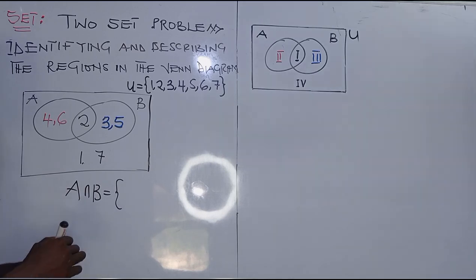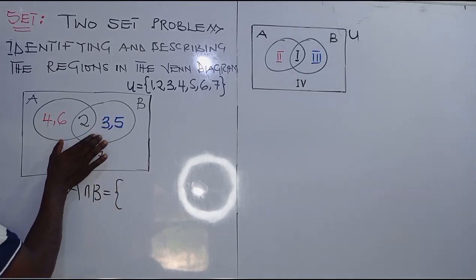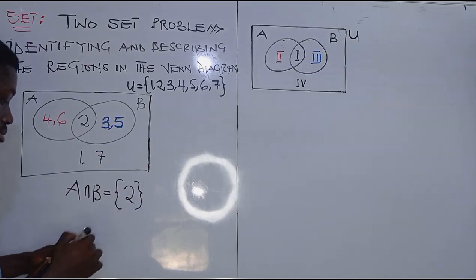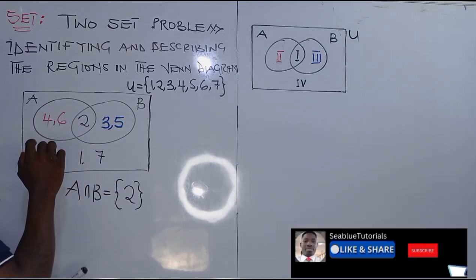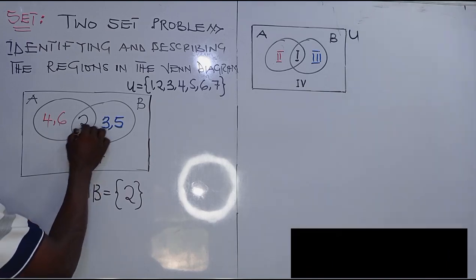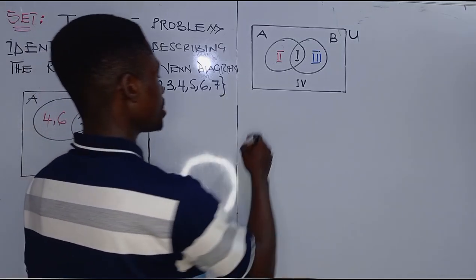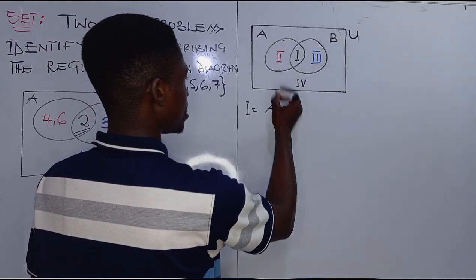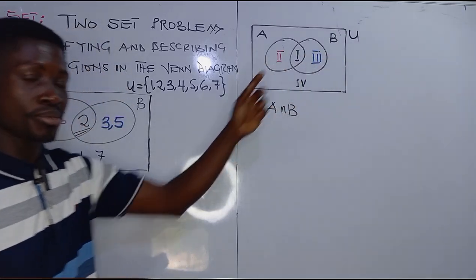We know that A intersection B means that we have to look for those elements that belong to A and at the same time belong to B. From this diagram, we can see that it is 2 that belongs to A and at the same time belongs to B. So this region is called A intersection B. So we can say that I is called A intersection B. It means that I belongs to A and at the same time belongs to B. Good.